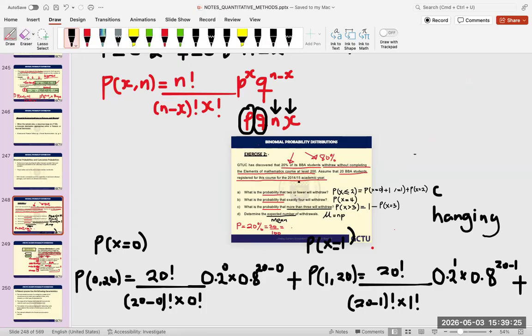So let's look at the third one. The third one will be probability of x equals 2. So this will be probability 2, 20.